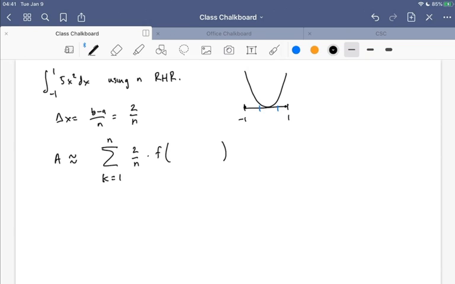The f of whatever is going to be -1, because that's our a, the left-hand end of things, plus k times our width, which was 2 over n. The way we should think about this is that when k is 1, we start one width unit away from -1, which would be here.